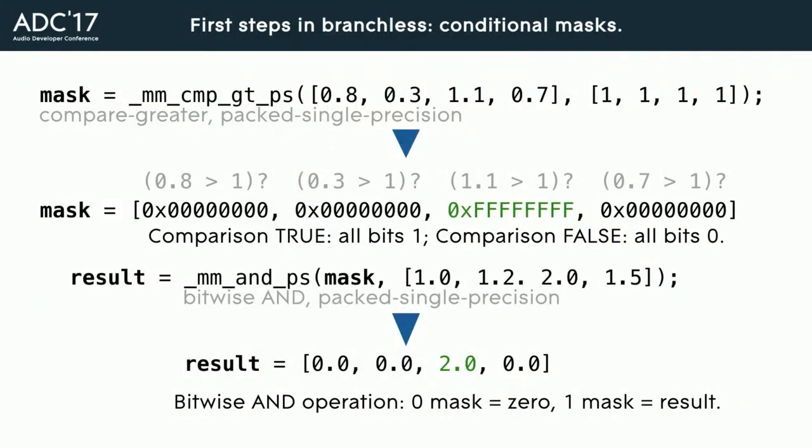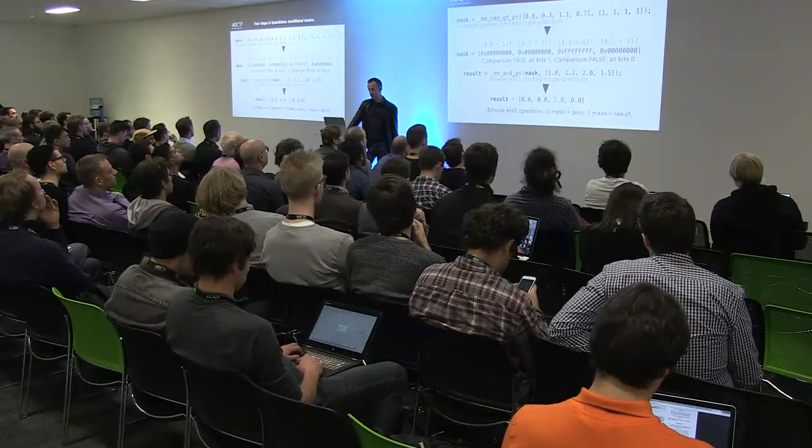So what this is doing is basically carrying out a comparison between 2 sets of values, and that comparison creates a mask. And what you can see here is where the comparison result is true, it will set all the bits in the mask to 1, and where it's false, it will set all of those bits to 0.